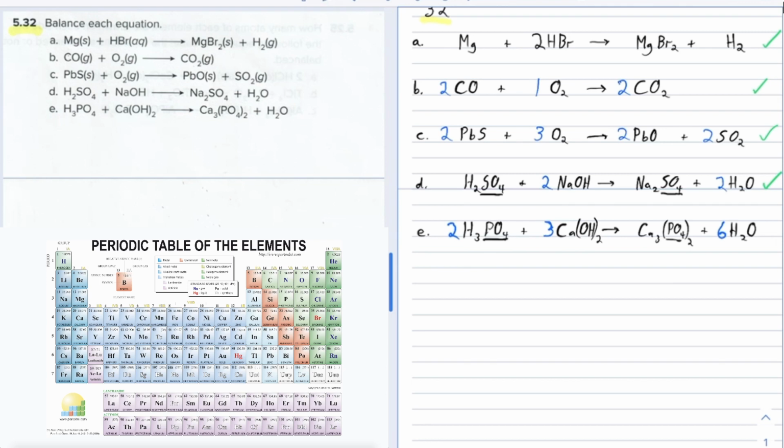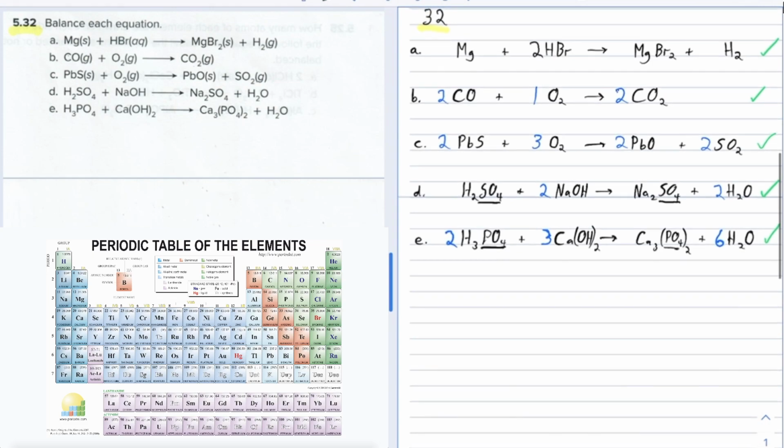So now we have 12 hydrogens, and then 2 times 1 is 2, and then times 3 is 6, plus 6 is 12 hydrogens. Then we got 2 oxygens times 3 is 6 oxygens, and yeah, that actually balances everything out. So how about that? Some tricky ones in problem number 32.